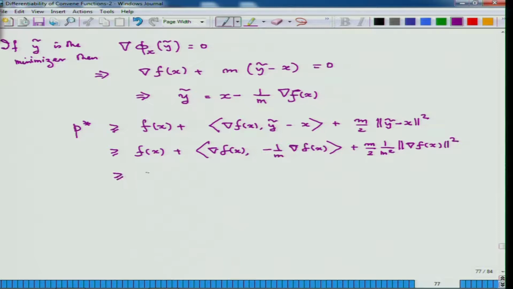So this would give me f(x) plus, from here, 1 by 2m, and from here minus 1 by m.